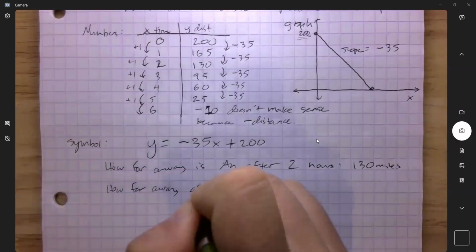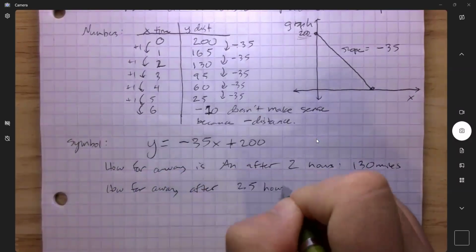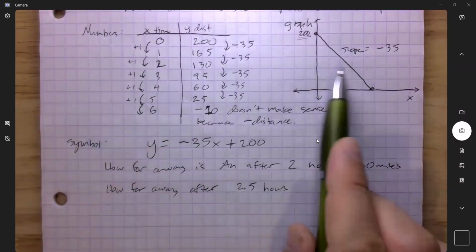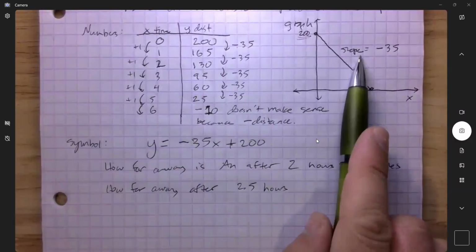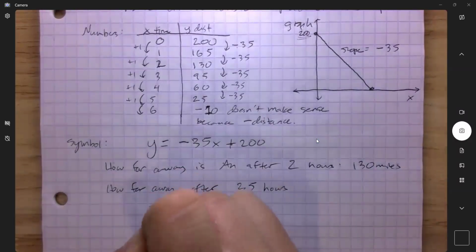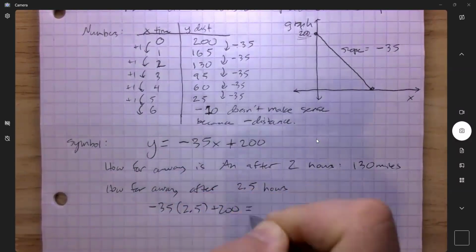What about how far away after 2.5 hours? Well, my table doesn't have it anymore. And when you sketch a graph, it's hard to be precise. So I'll use my symbolic form. I'll do minus 35 times 2.5 plus 200.